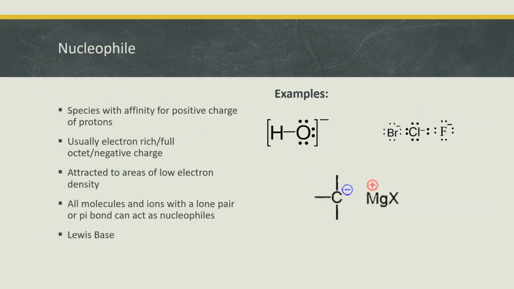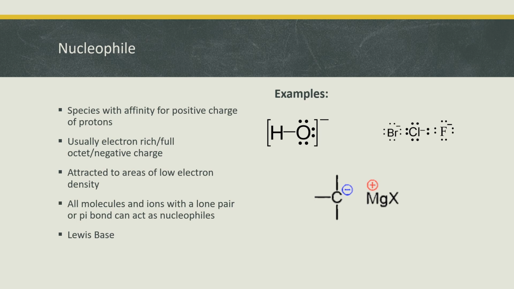Then we have nucleophiles, and a nucleophile is a molecule attracted to the positive charge that comes from protons. Nucleophiles are usually electron-rich or have a full octet or some kind of negative charge on the molecule or atom.